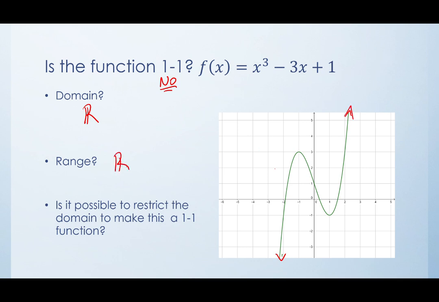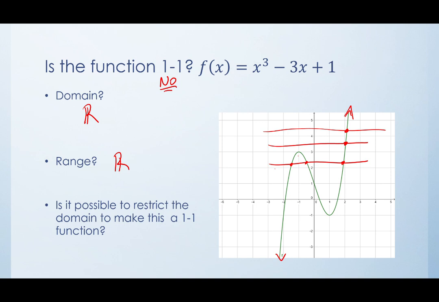There are no holes or anything in the middle, so we're looking at all real numbers for the range as well. Even though it passes the horizontal line test in a couple of places, because there's even just one place where a horizontal line intersects the graph more than once, it's going to be not one-to-one.